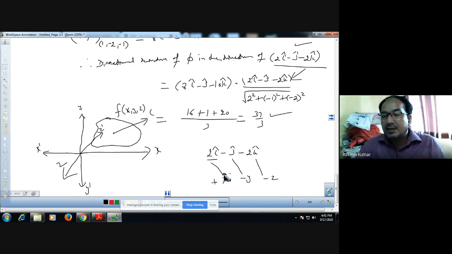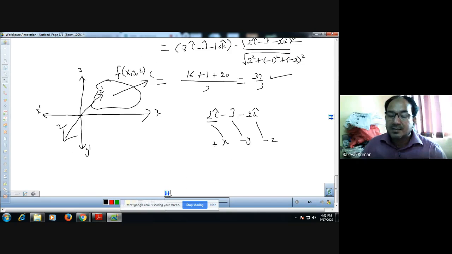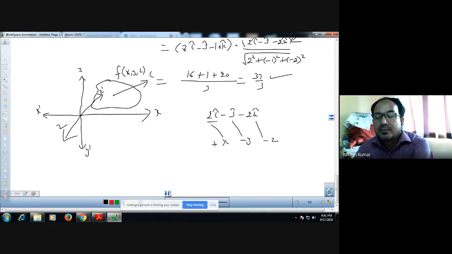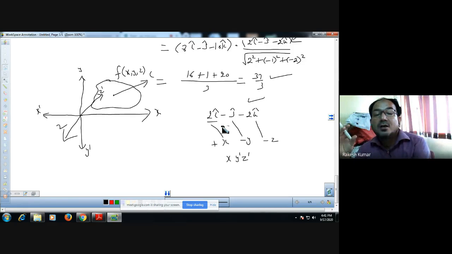So we are talking about the x, y, z plane, but the x, y, z planes are also very important here. You can say that we are talking about x, y dash, z dash. Y dash means the negative side of y, z dash means the negative side of z. So this is important. Whenever a direction is given, the direction is important according to the positioning of a vector.